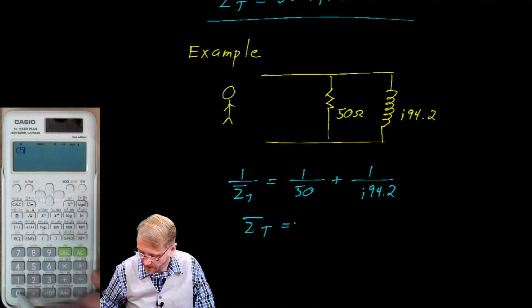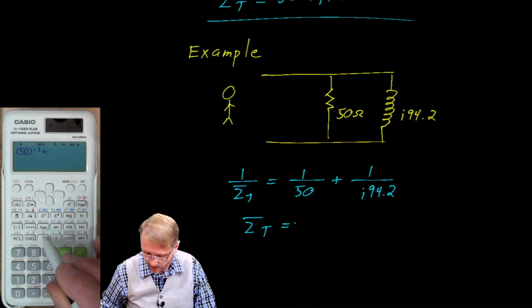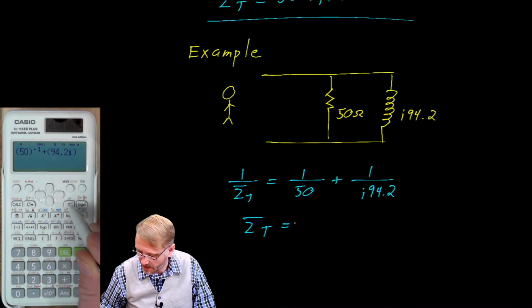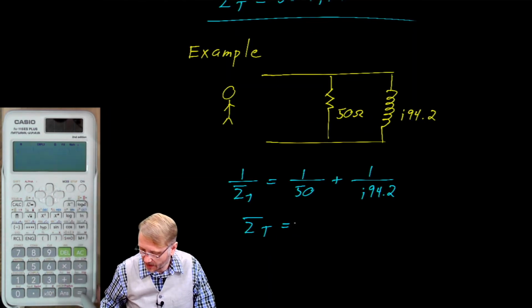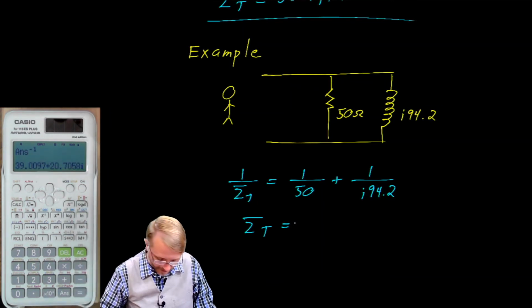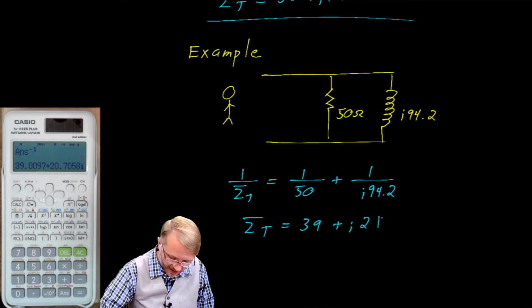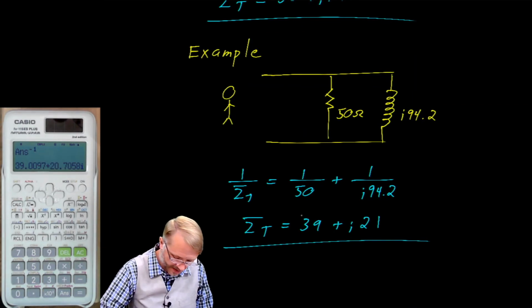So parenthesis 50, invert, plus parenthesis 94.2j, close the parenthesis, and then invert, equals, invert, equals. It gives us a total impedance of 39 plus j21. We can stop right there with ohms.